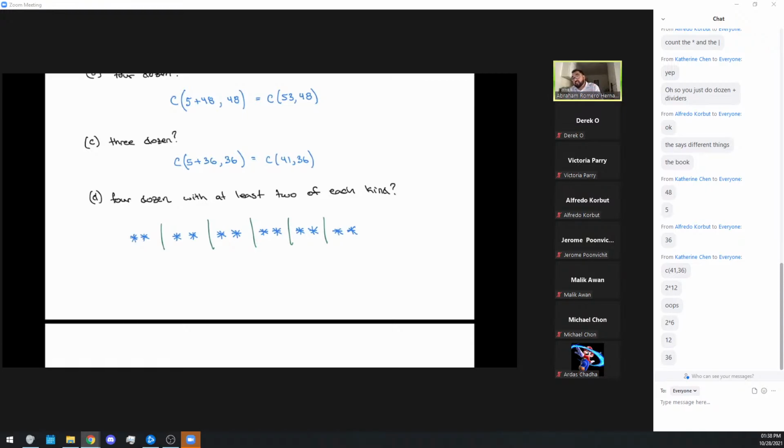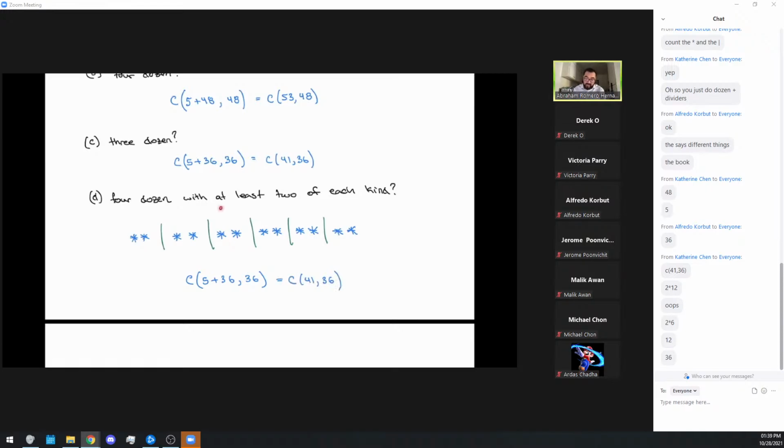Now you have 36 things plus the dividers. So 36 plus the dividers, which are 5, and you're still selecting 36 locations for those croissants. So you have C of 41, comma 36.